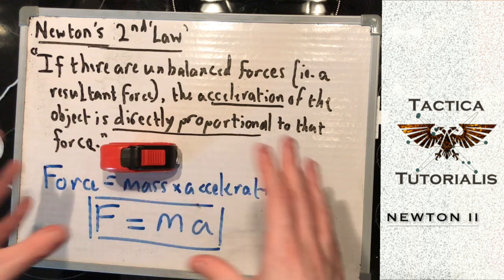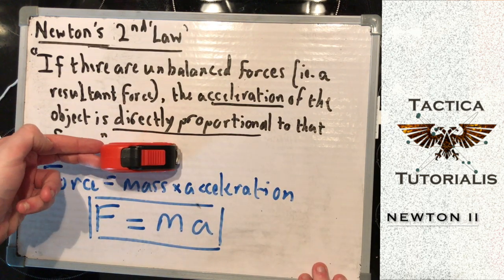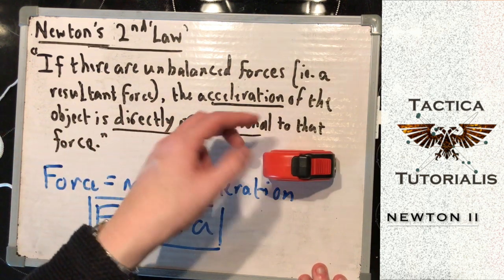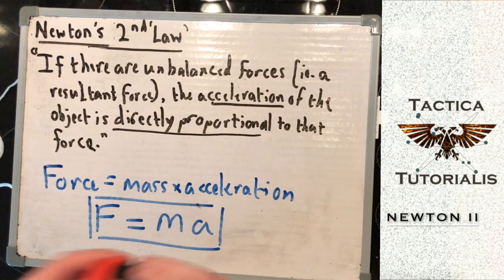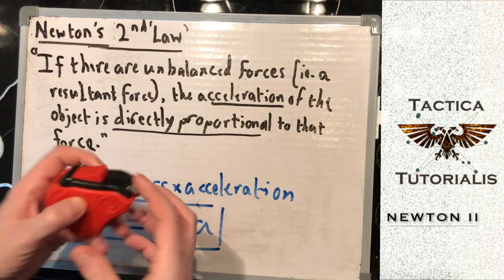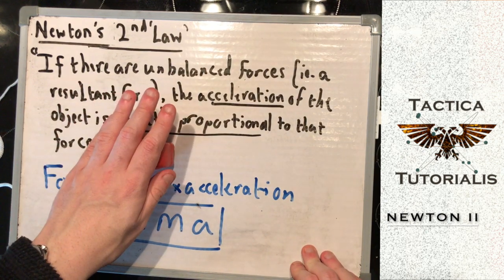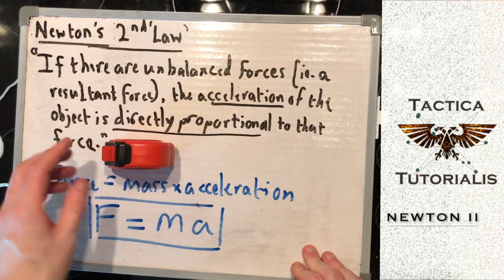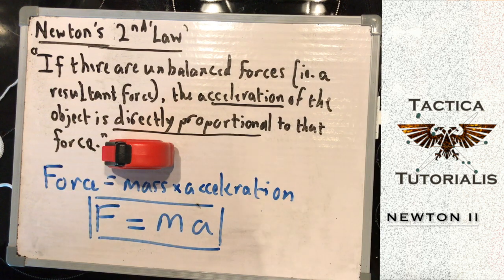It's going to cause the force to act and leave what's called a resultant force behind. So if I give it a bit of a shove, the tape measure now starts to move. It wasn't moving before, but now it is. It is accelerating. It is starting at a speed of 0 or a velocity of 0, and it accelerates because of the force applied. And it actually accelerates in the direction of that force.